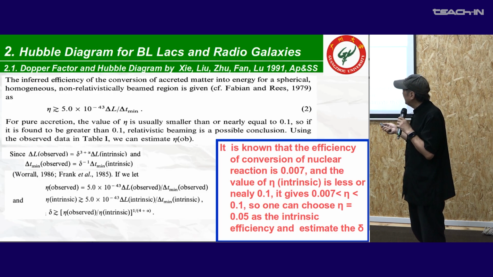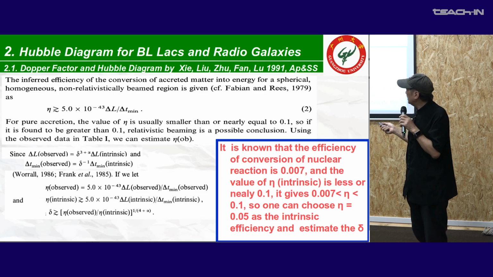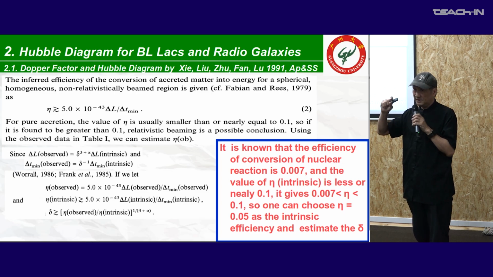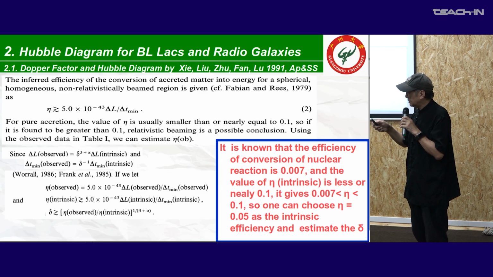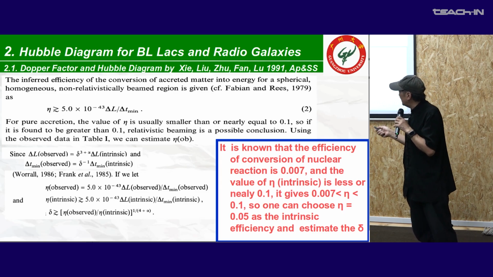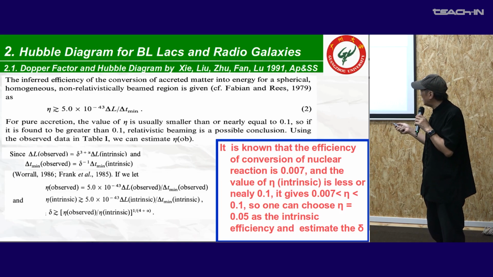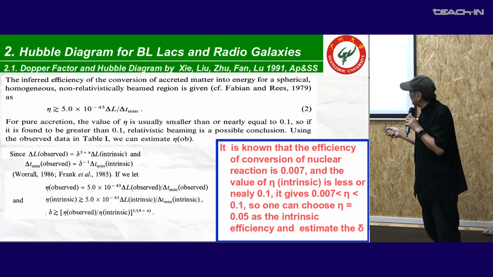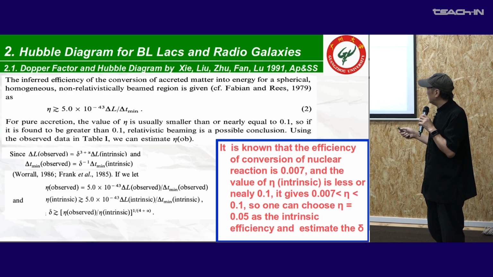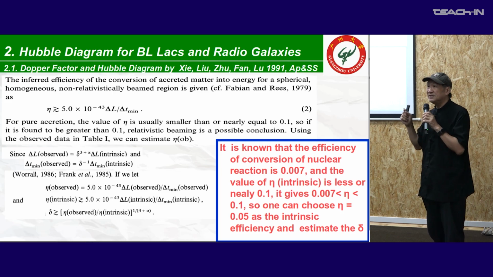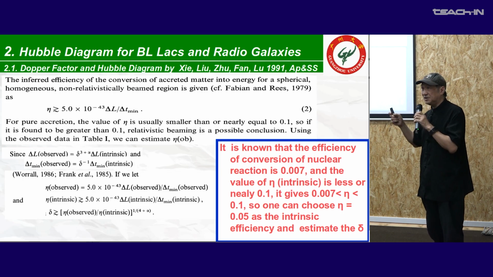This is the efficiency of conversion, this is the luminosity, this is the variation in luminosity, and this is the corresponding time scale. If this value is greater than 0.1, it means that the beaming effect is included.